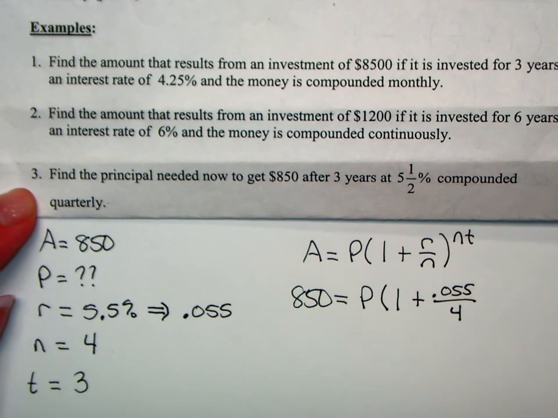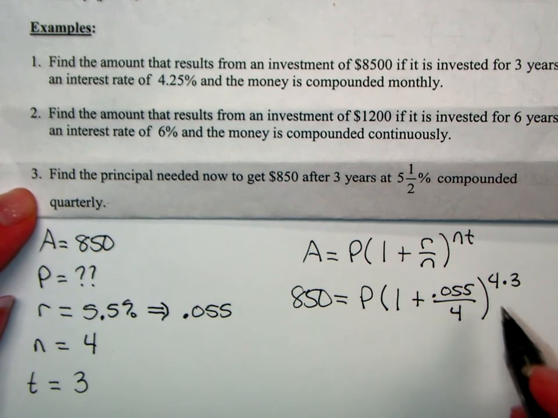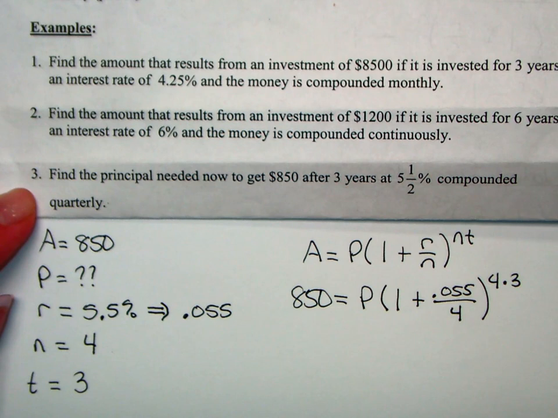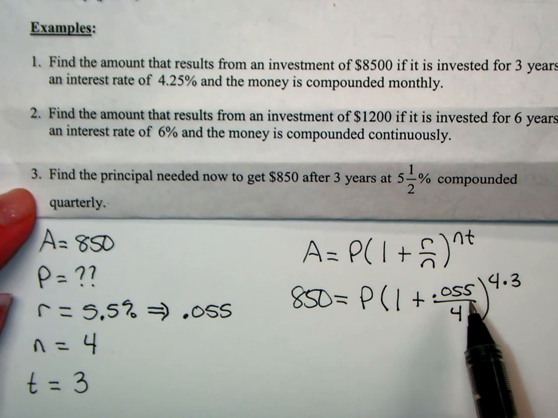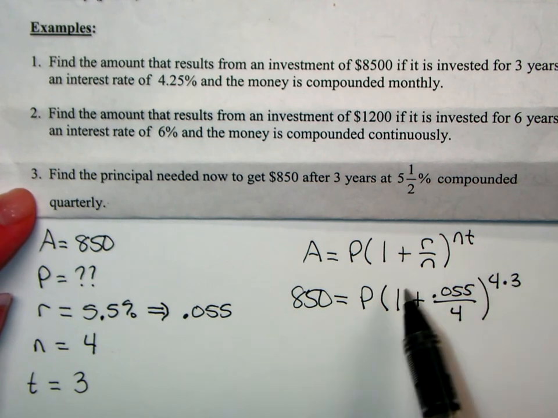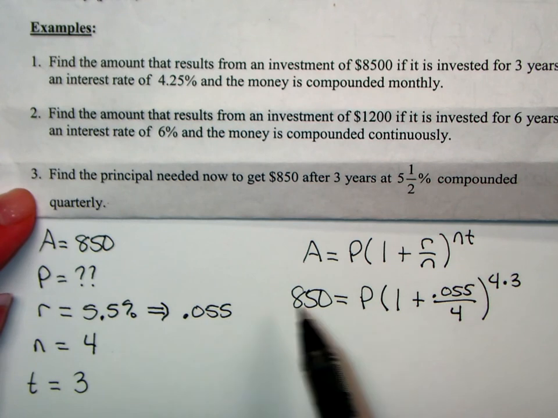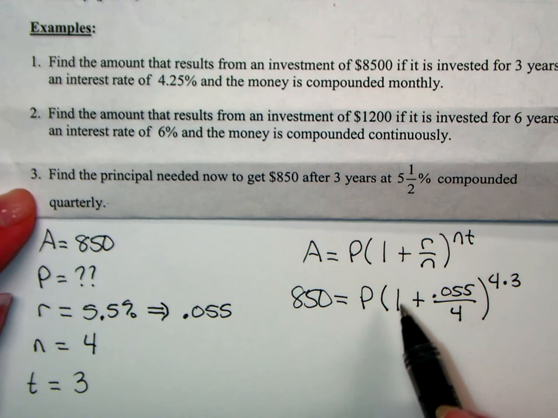The interest rate divided by the compounding periods, raised to the 4 times 3, N times T. So I need to solve this for P. So I'm going to figure out what this number is, and I'm going to divide by it. I think it's easier to calculate this decimal and divide by the decimal than to divide by that fraction with an exponent, all right?